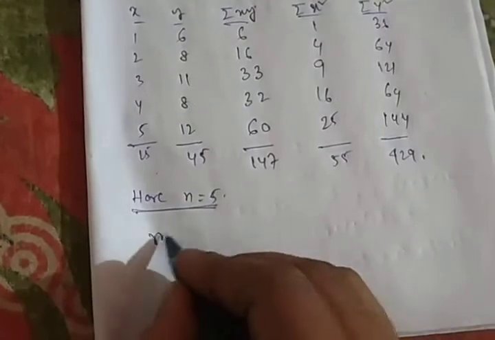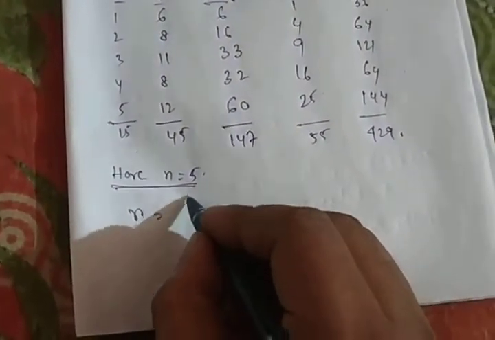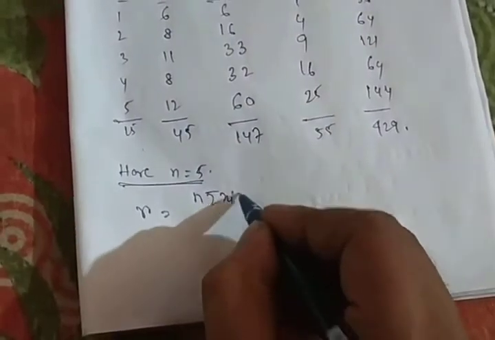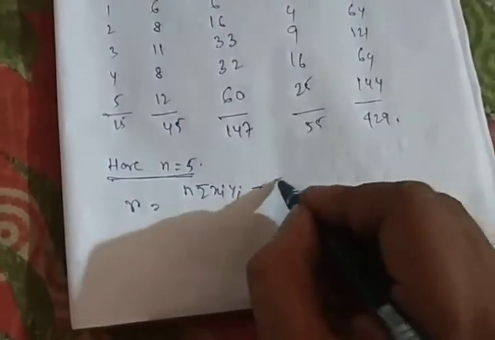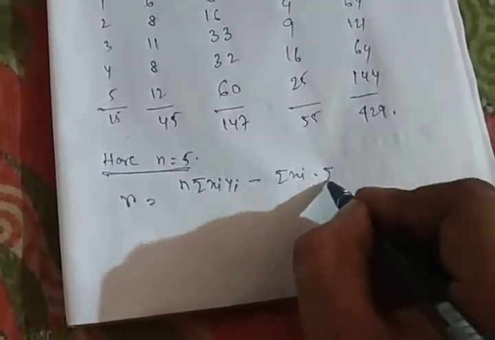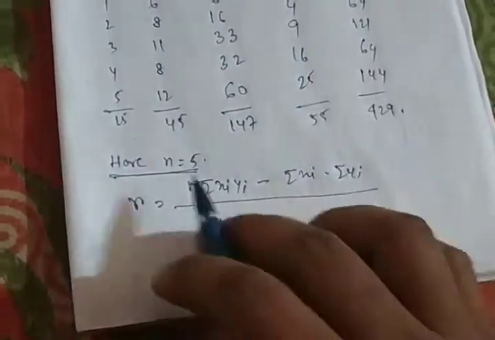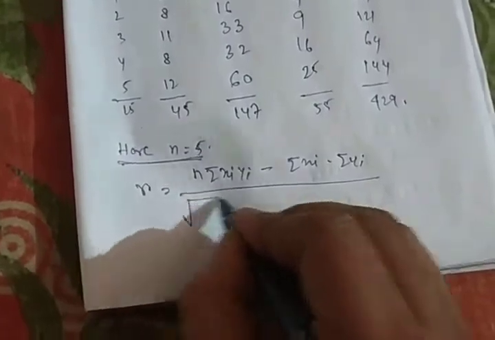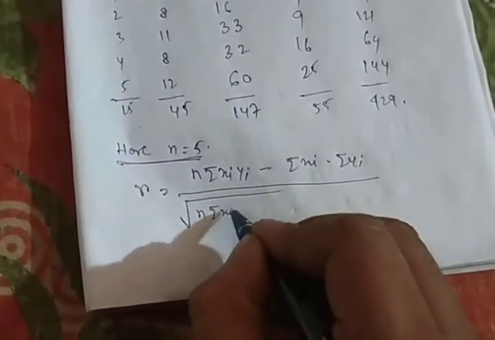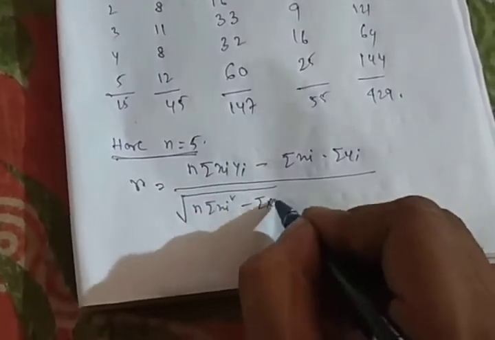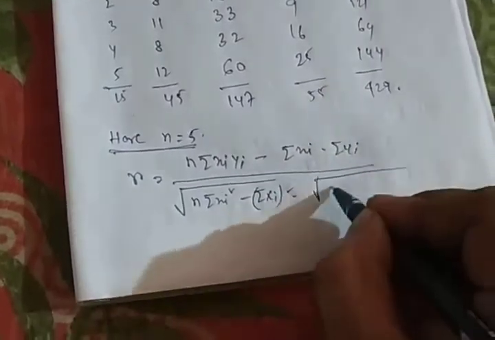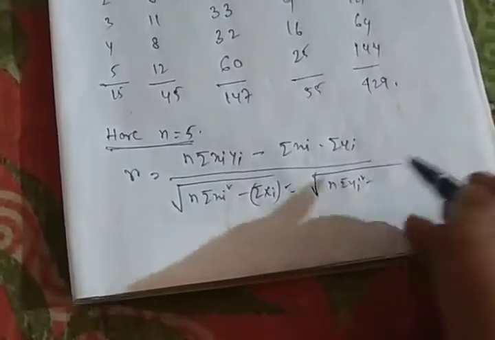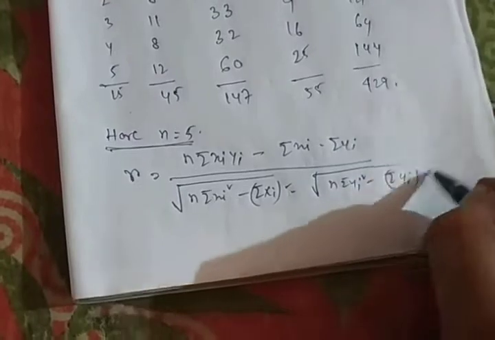Using the formula, correlation coefficient r equals n into summation xi yi minus summation xi into summation yi. For this we don't have to calculate x bar or y bar. Divided by root under n into summation xi square minus summation xi whole square, into root under n into summation yi square minus summation yi whole square.